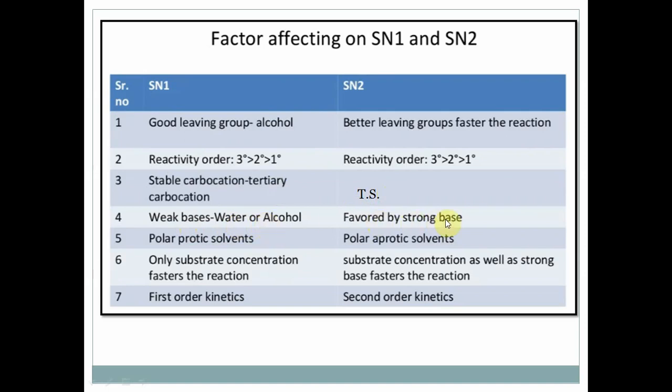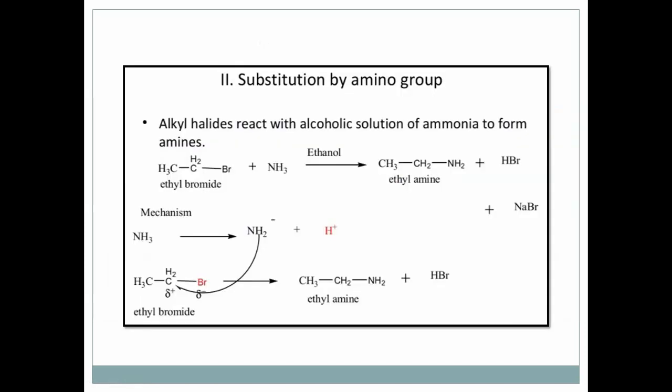SN2 reaction favors strong base. Polar protic solvent, polar aprotic solvent. Only substrate concentration affects the rate in SN1. Here concentration of substrate as well as base both increase the rate in SN2. First order kinetics, it is the second order kinetics. And reactivity order is 1 degree fastest, then 2 degree, then 3 degree, as we discussed earlier.